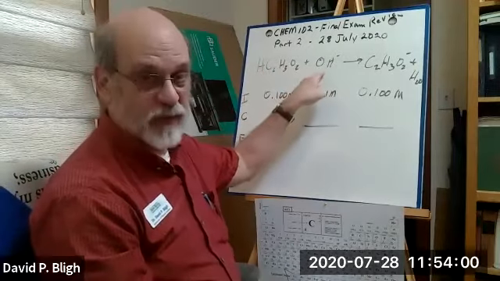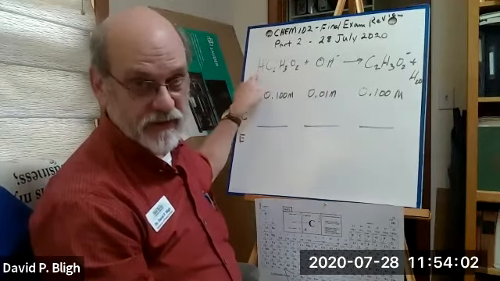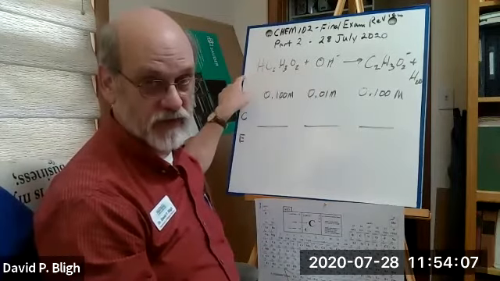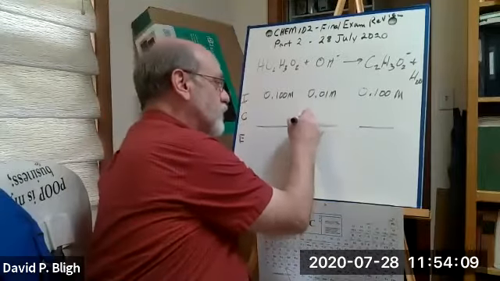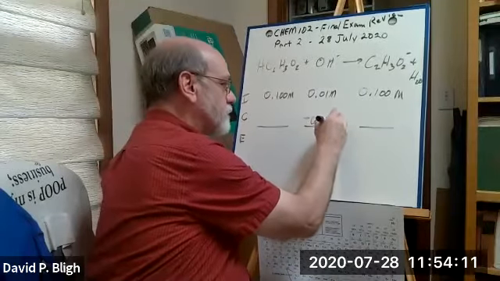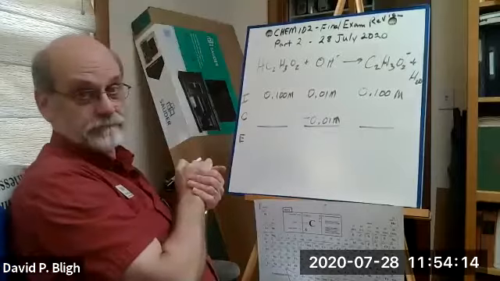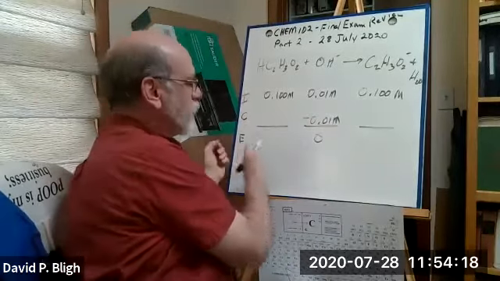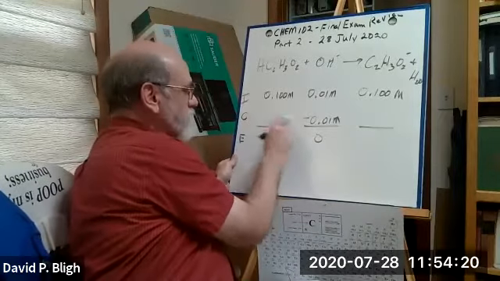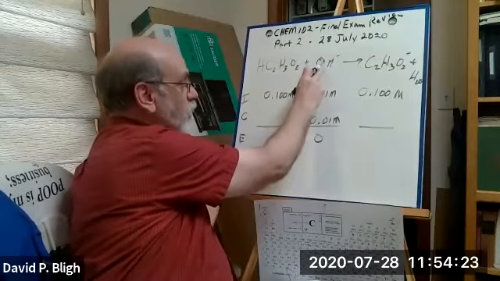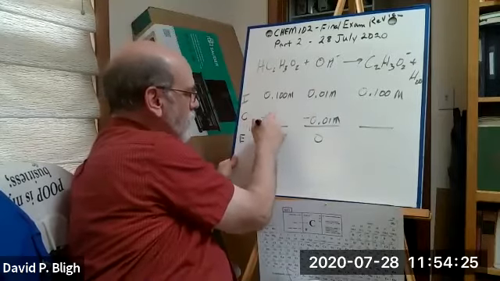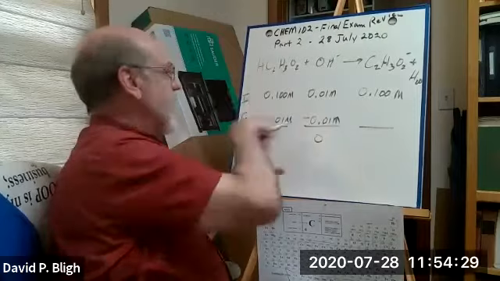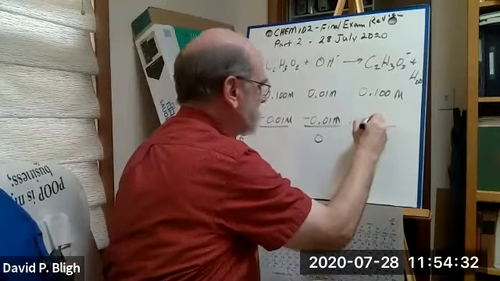This is a stronger base than this is a weak acid. The strength of this is much stronger than that. So that means we're going to lose all of this. Okay? Down to 0. So when that happens, it's one-to-one, we're going to lose that much. And it's going to show up on the other side.